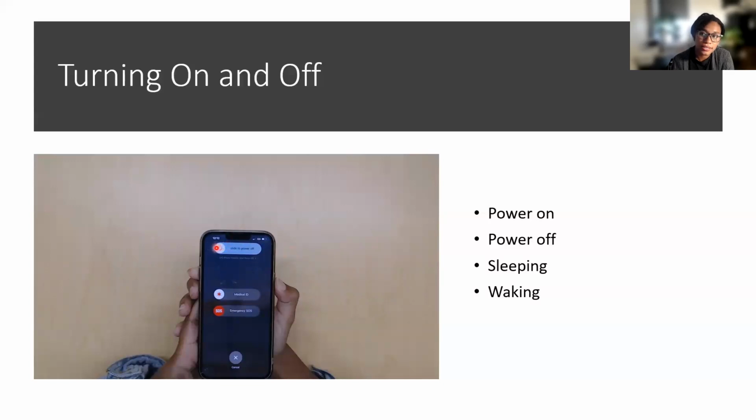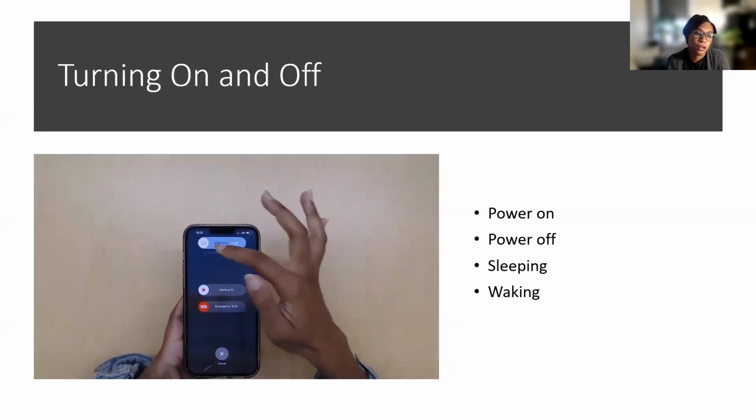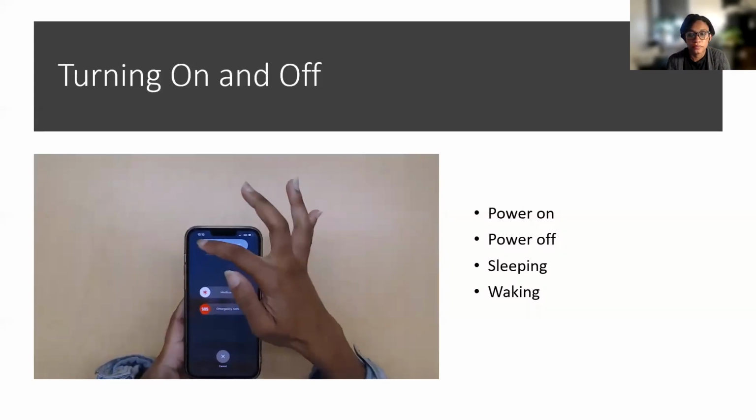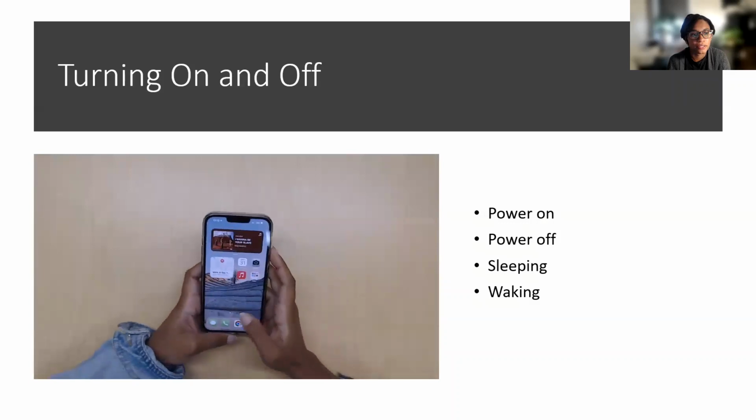So press and slide, an extended swipe. And if I did this by accident, I could just hit the cancel button and it would take me back to my regular phone. So just slide like so, or cancel.